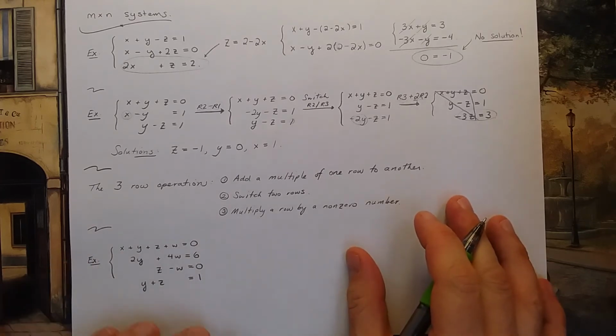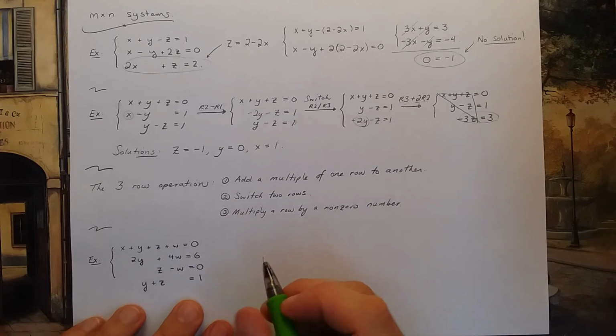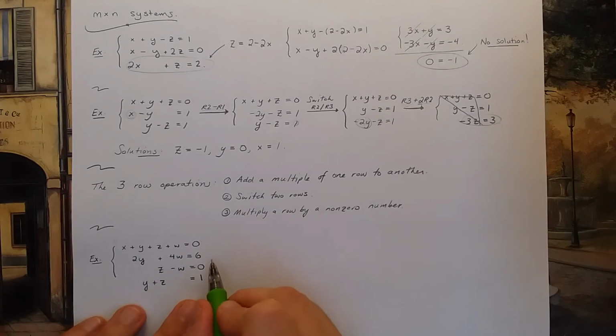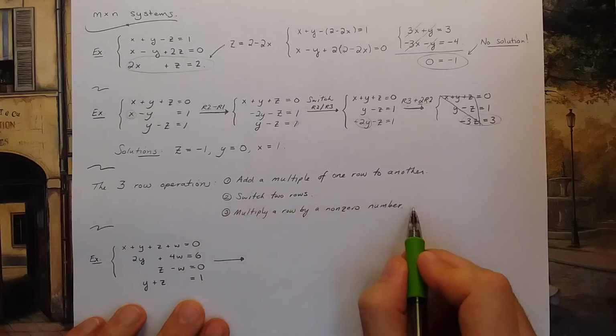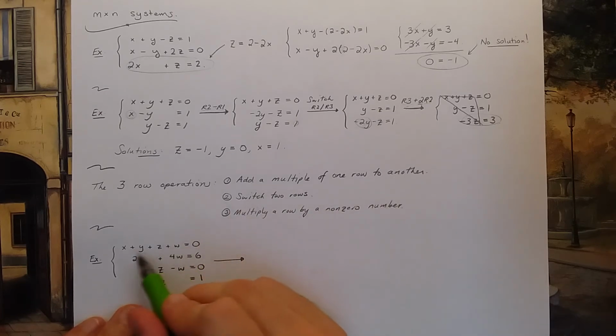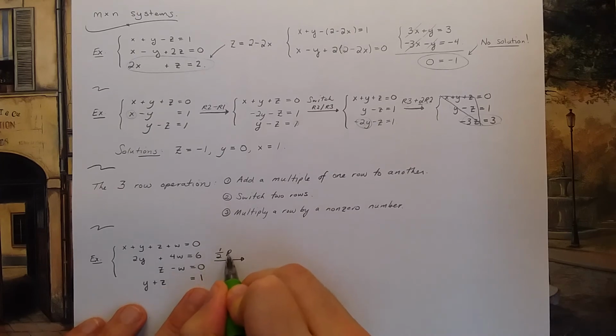So using these row operations, you can do various things. For example, I can use row operation 3 and take row 2, and notice that row 2 contains every number divisible by 2, so it's natural to do 1/2 row 2.